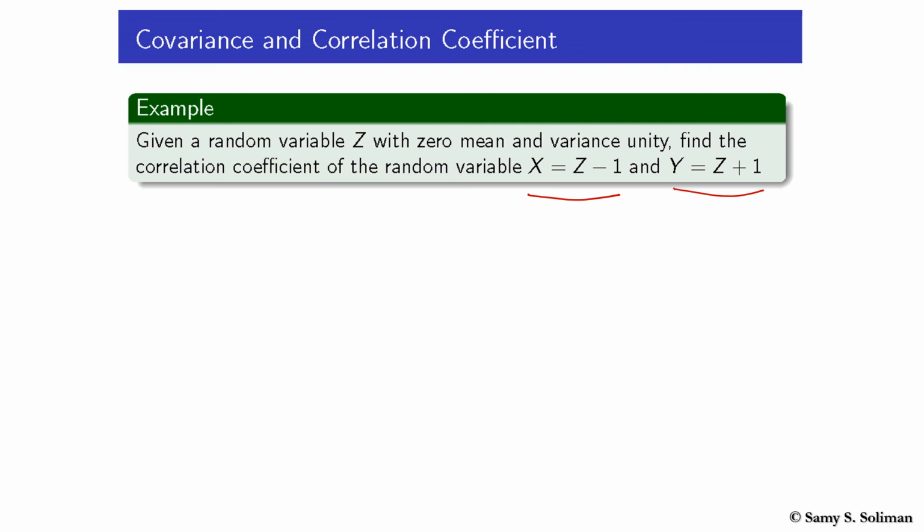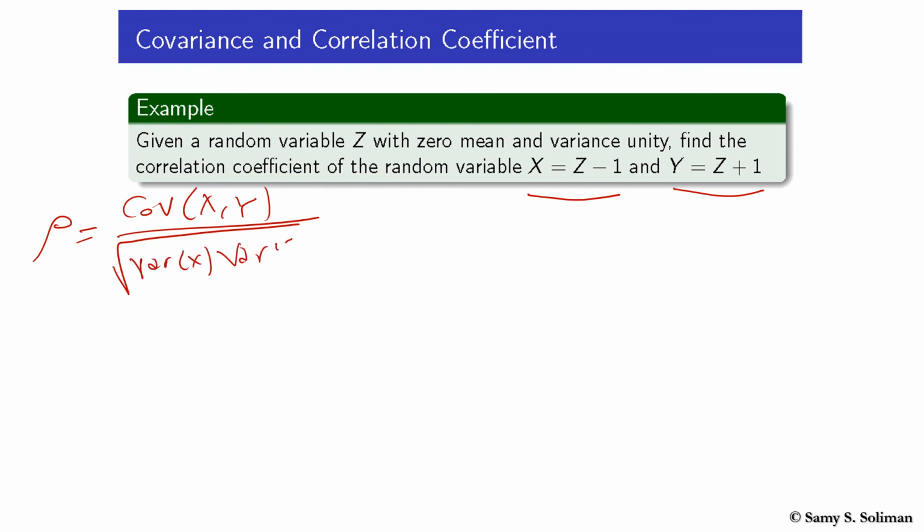Let's follow the systematic method, in which we need to calculate the correlation coefficient, which is the covariance of x and y divided by square root of variance of x times variance of y. Let's calculate each one of them on its own. The variance of x is equal to the variance of z minus 1, and as we know from before that the variance of a random variable does not change by adding a value to this random variable, because this might change the mean of the random variable, however it does not affect the variability of the random variable.